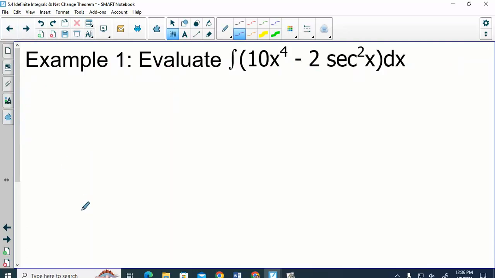So let's just practice. If I ask you to do the integral of 10x to the fourth minus 2 secant squared x dx, I'm just asking for the antiderivative. So the antiderivative of 10x to the fourth, minus the antiderivative of 2 secant squared x.